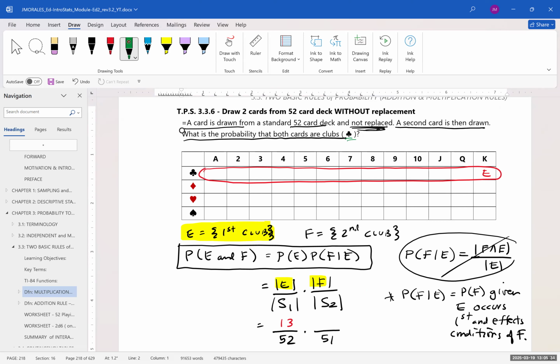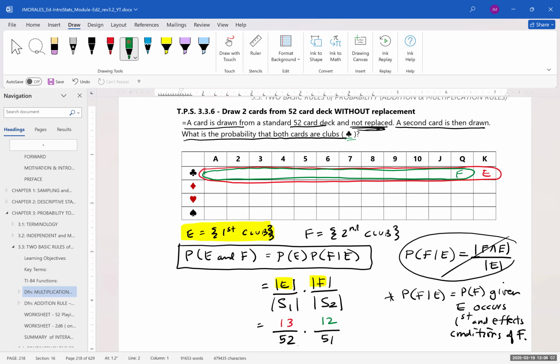Well, for the second card to be a club, you assume that the first one drawn was a club. So if you assume that the first card drawn was a club, then the order of F isn't going to be of 13 clubs, it's going to be of 12.